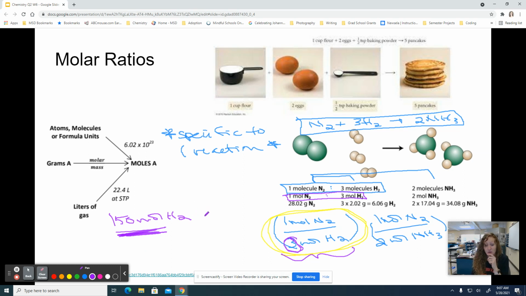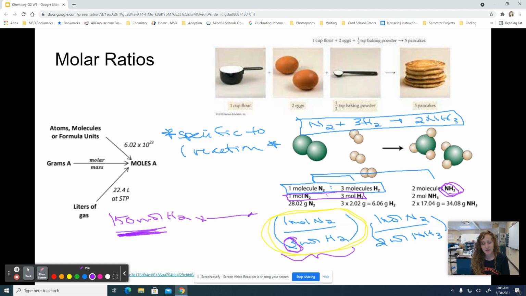And if I want to know, okay, I'm going to take my blimp filled with hydrogen because it's a terrible idea to fill blimps with hydrogen. I'm going to give it to a factory and allow that factory to use it to make NH3 or ammonia. So how much ammonia can I make with this much hydrogen?